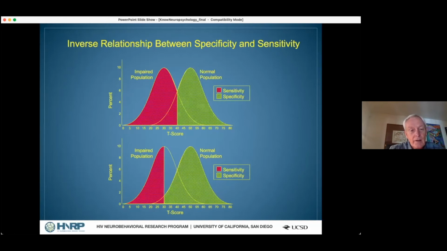And in the middle, you have the cutoff of 1 standard deviation, and so you see a really good balance here. I'll show you some real data in a minute that look like this. And then on the bottom frame, you see if you move your cut point from 1 standard deviation to 2 standard deviations, yeah, you pick up some of the green people, but you lose a lot more of your sensitivity in the impaired population.